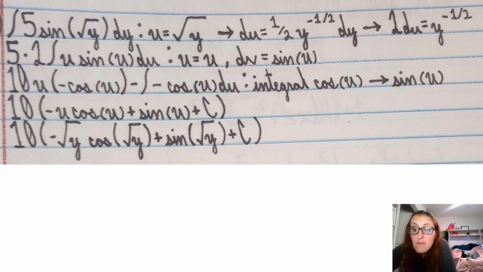Integral of cosine u is sine u. So 10 times negative u cosine u plus sine u plus c gives us 10 times negative square root y cosine square root y plus sine square root y plus c.